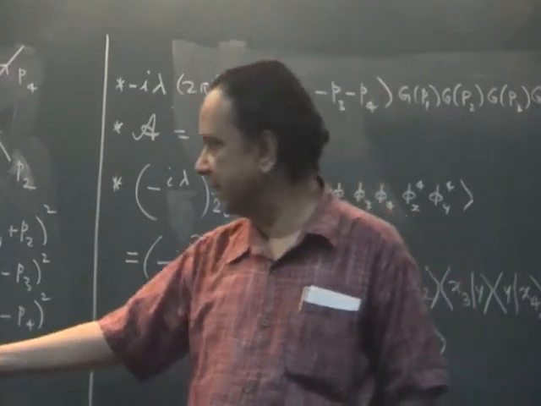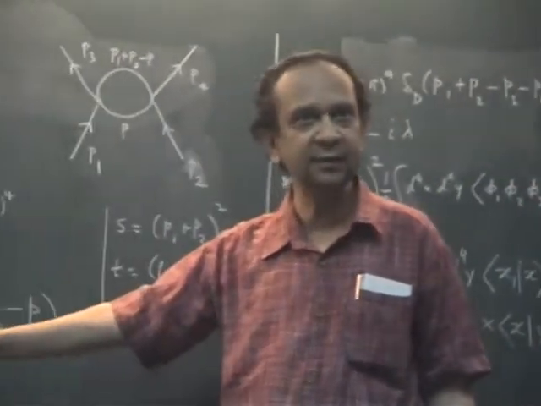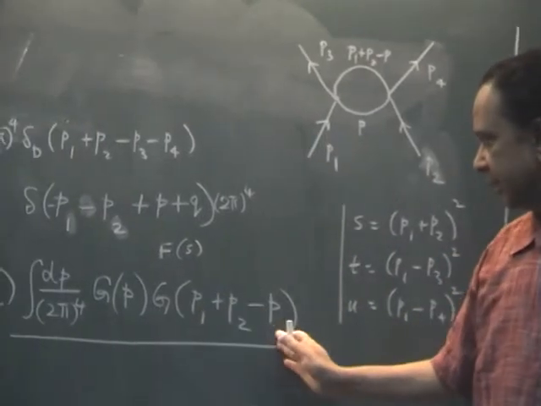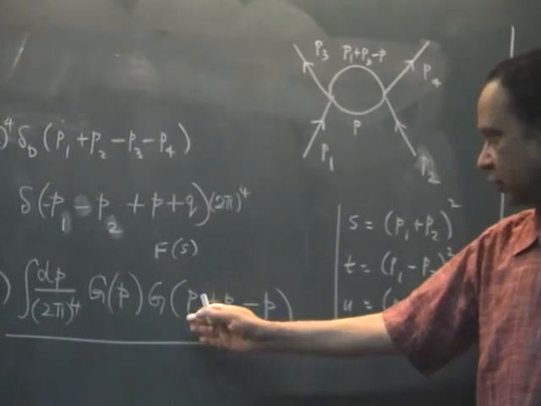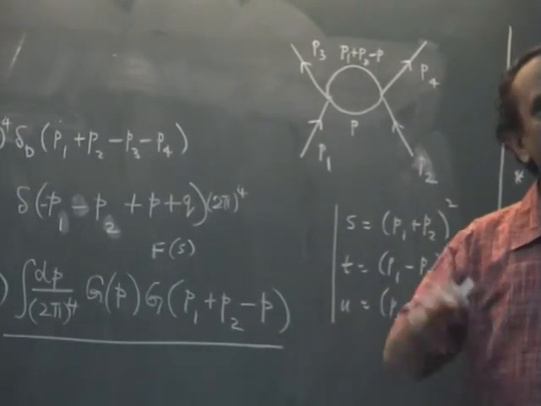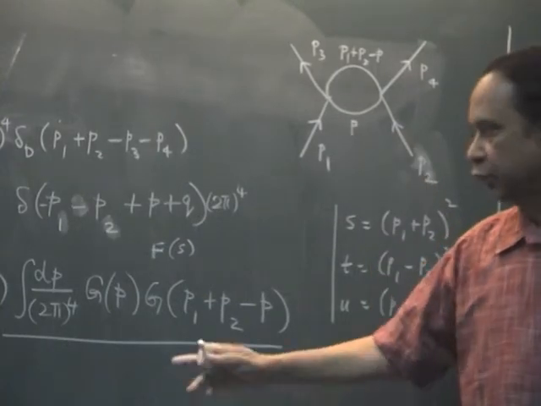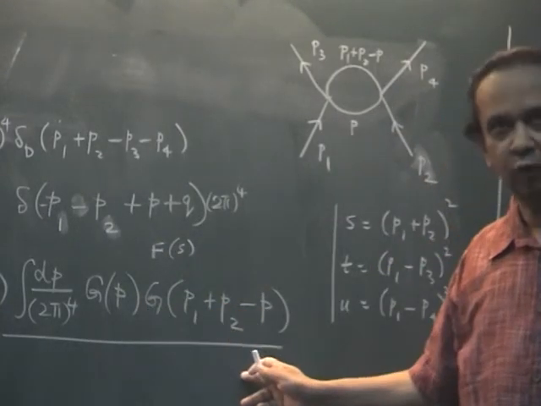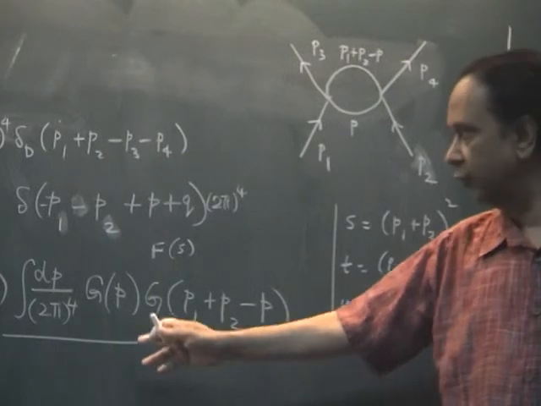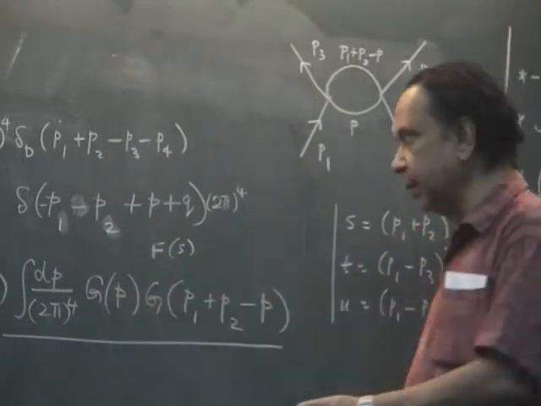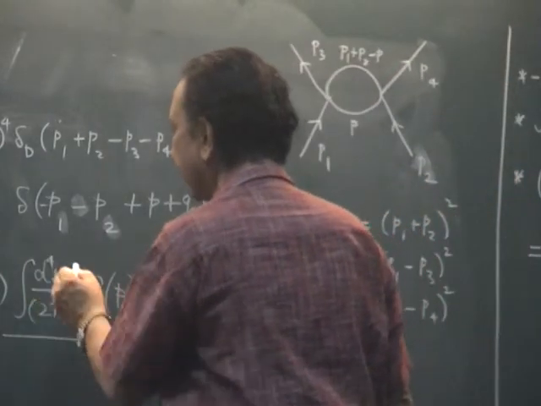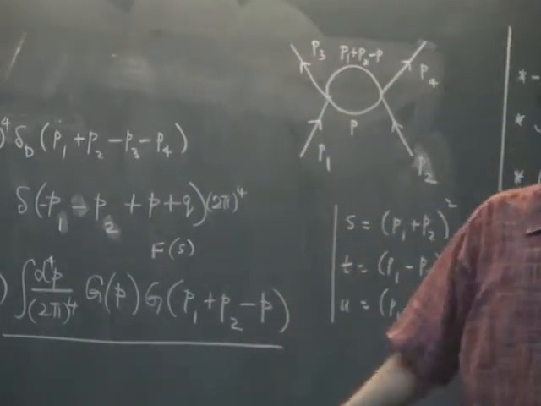That is obvious, because g of p is some 1 over p square minus m square. There will be this quantity squared, so when you are looking at large values of p, you will have a 1 over p square and another 1 over p square. It will be 1 over p4 integrated over d4p. So that is going to be a logarithmically divergent term. So it is divergent.